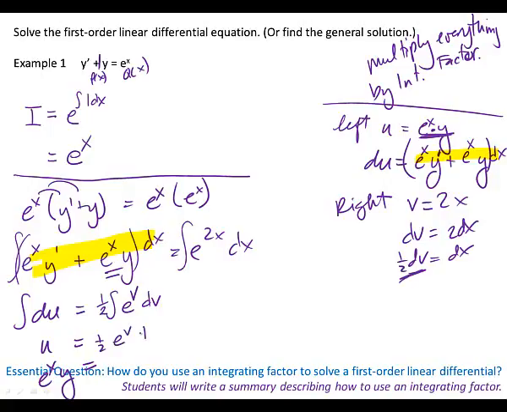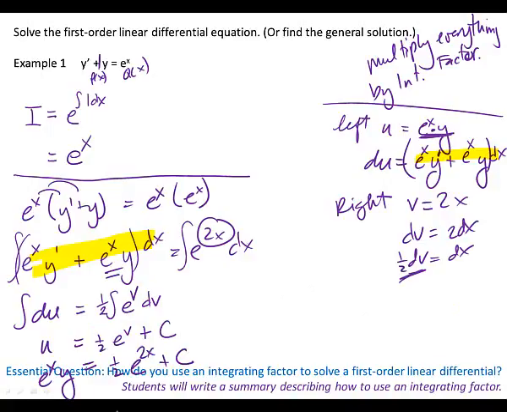E to the v plus what? What's wrong, Joaquin? Where did I get 2x? Right here. I was using that u, or in this case a v instead of a u. All right, we good? Okay, so now I've got 1/2, and I've got 1/2 e to the v, for the v I'm subbing back in the 2x plus c.